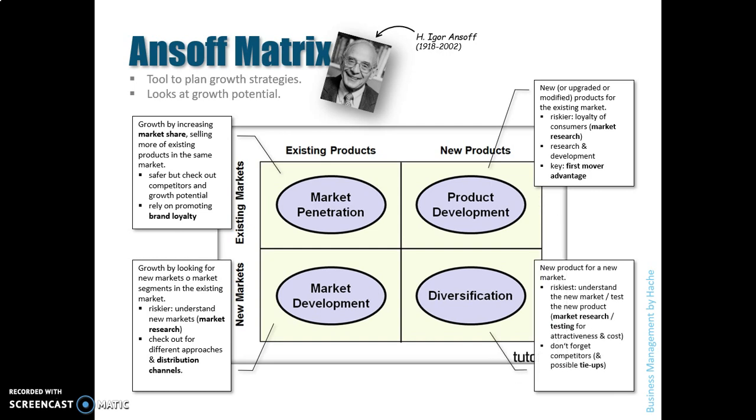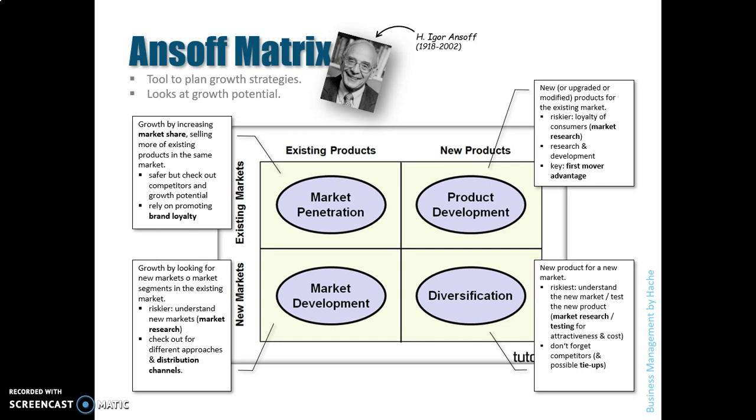Finally, we have the riskiest, which is diversification. It is basically preparing a new product or a new set of products for a different market. Okay, so you have to understand a new market. This is why it is the riskiest, and you also have to test the new product. So you have to make two moves: understand the market and test the product.